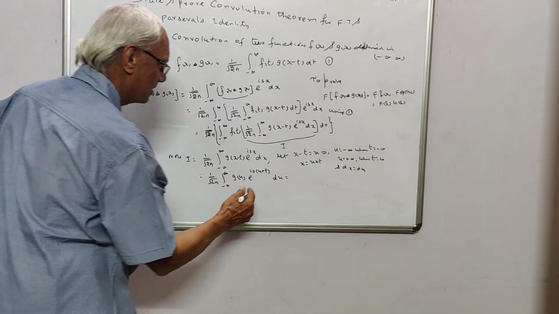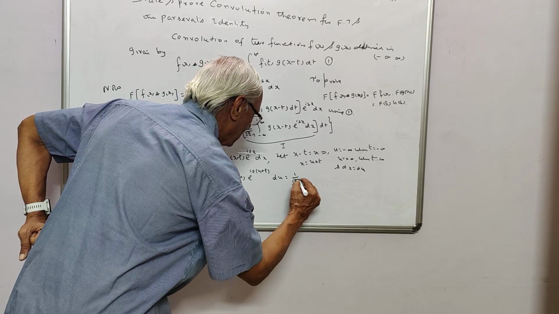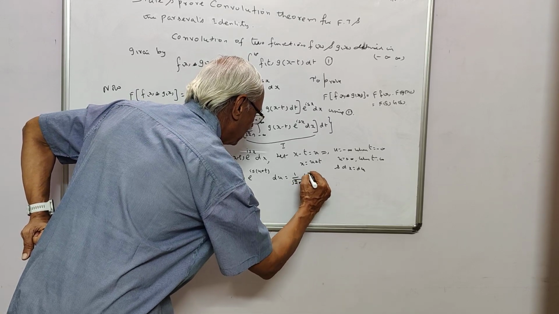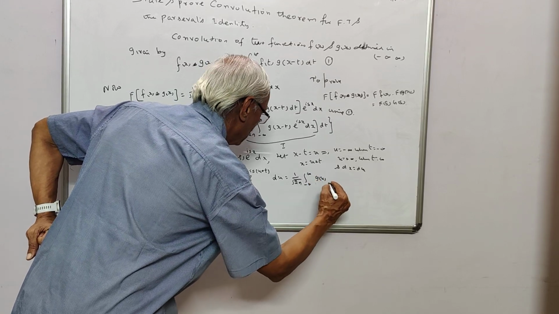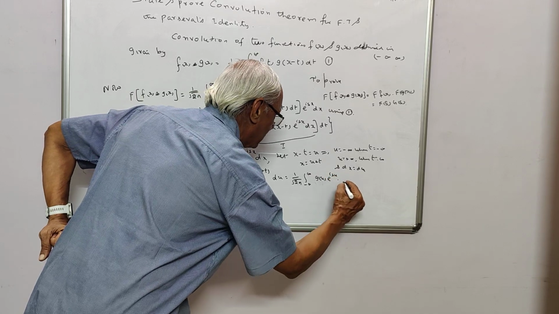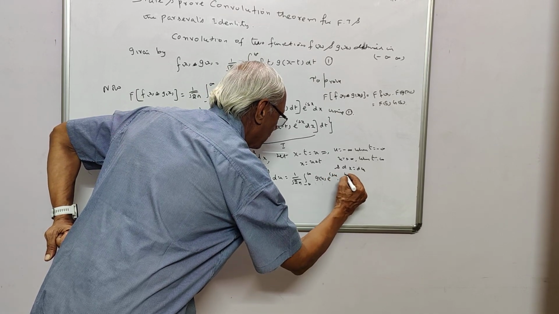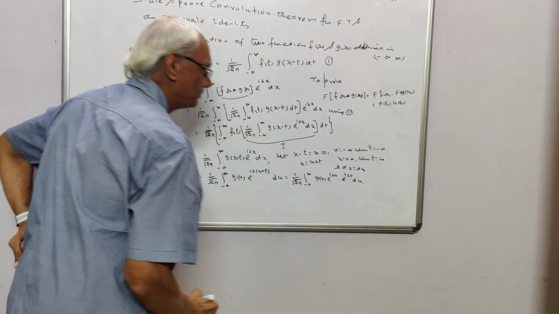Now you can write this as 1 by square root of 2 pi, integral from minus infinity to plus infinity, g of u into e to the power of isu multiplied by e to the power of ist into du.